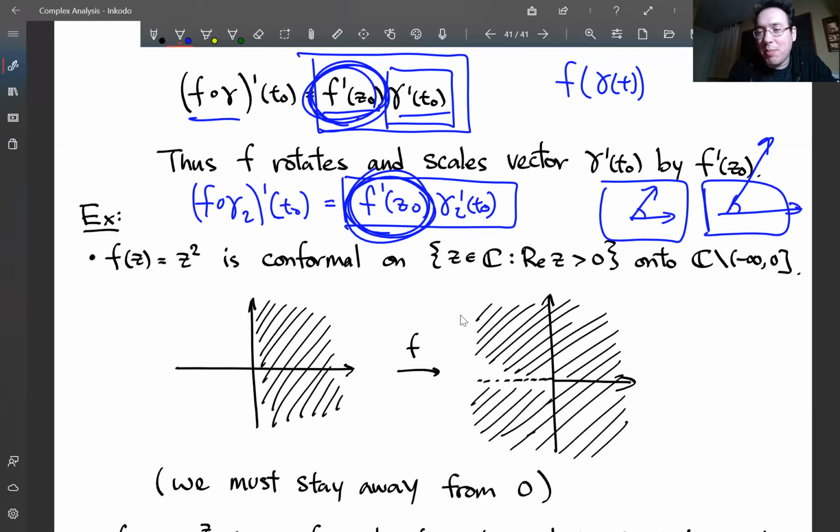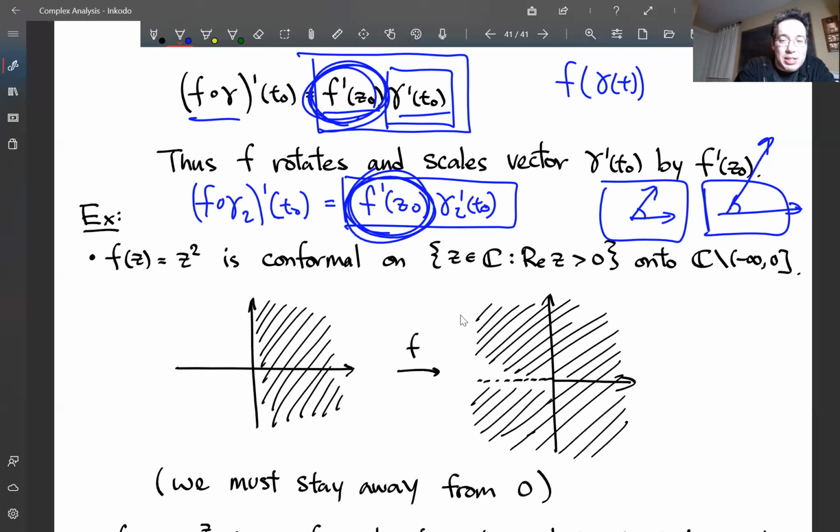It's the same angle that's being stretched. And obviously rotating doesn't change the angle, because both tangent vectors are being rotated by the same amount. So if you look at a curve and apply an analytic function to it, as long as the derivative is non-zero, the angles do not change.